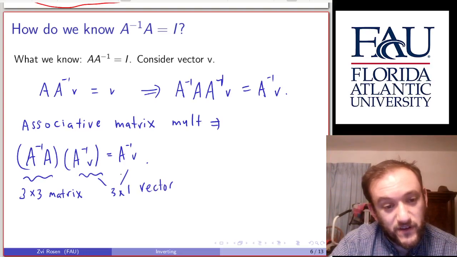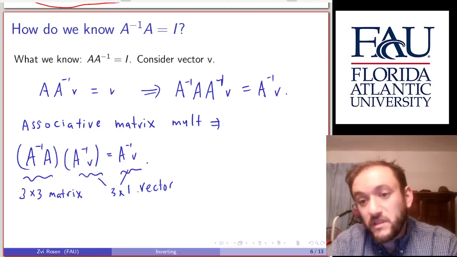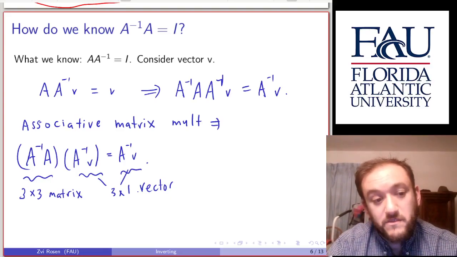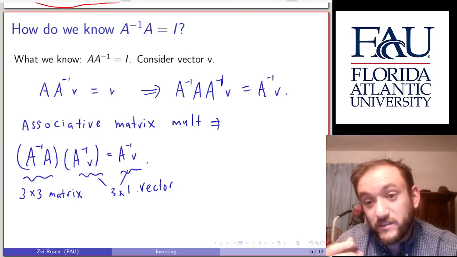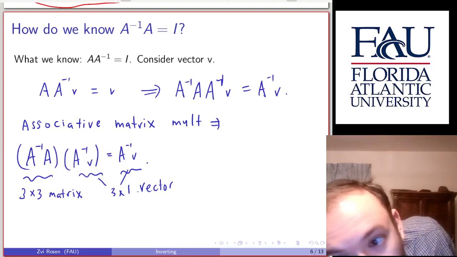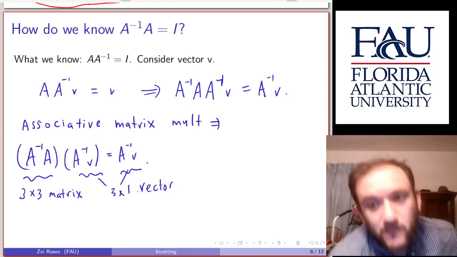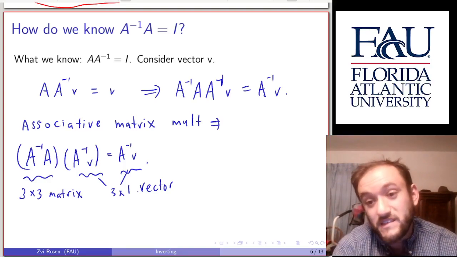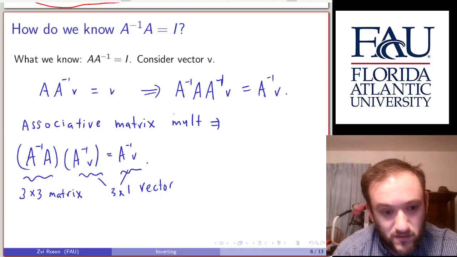And then this is the very same vector. So I multiply the matrix by some vector, and I get the vector back. It doesn't seem to matter what the vector is, as long as it can be written as A inverse v.